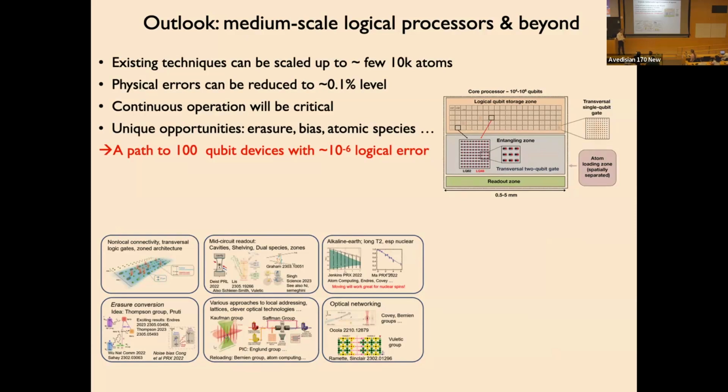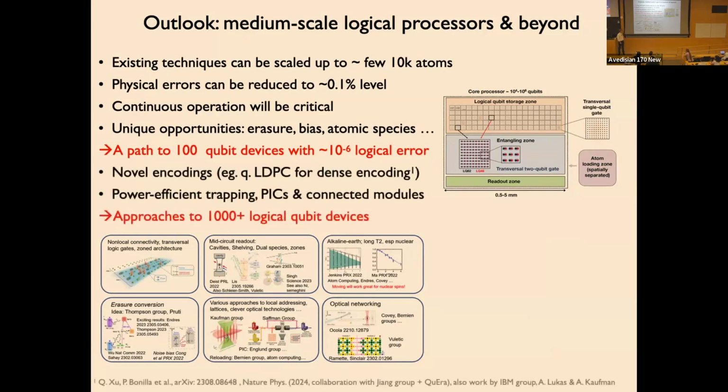But there are many new opportunities which our community explores as a whole, for example using new codes, these quantum LDPC codes I mentioned, using more power-efficient preparation, connecting with optical lattices, which should eventually give rise to systems with thousands of logical qubits.